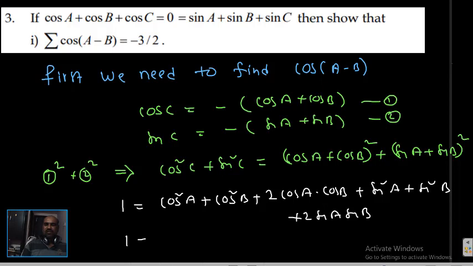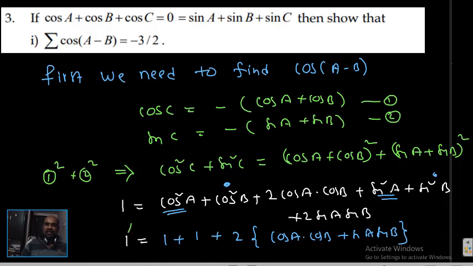Okay students, 1 equals, listen: cos square a plus sin square a is 1, plus cos square b plus sin square b is another 1, plus 2 taken common from this, cos a cos b plus sin a sin b.